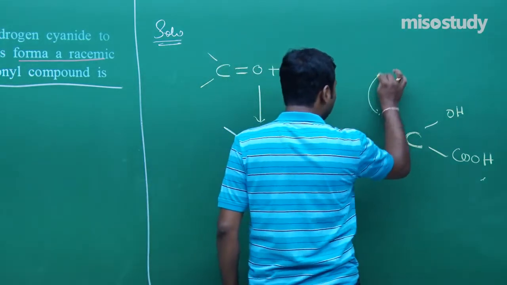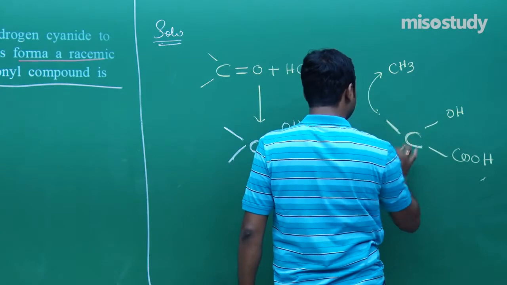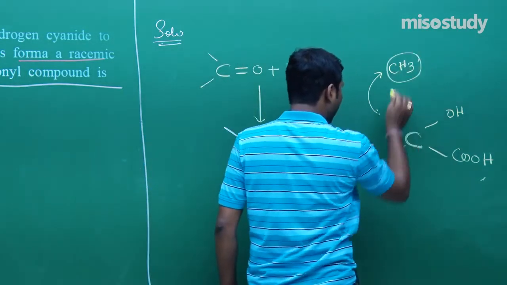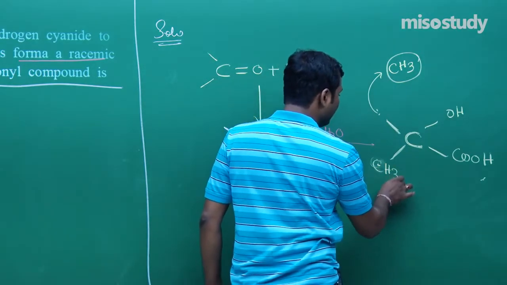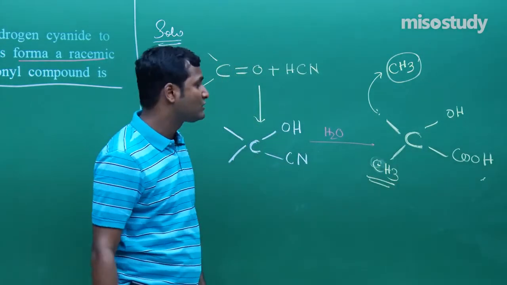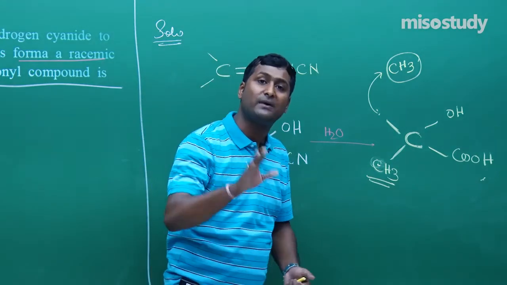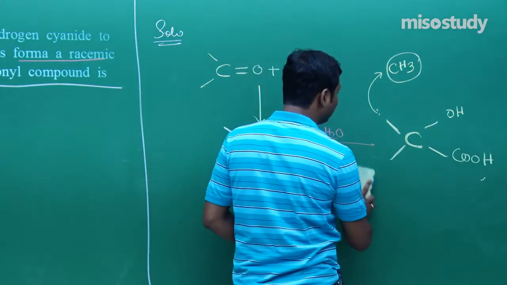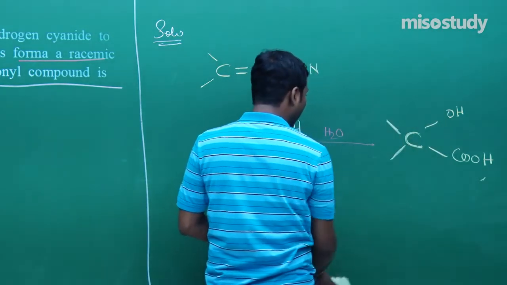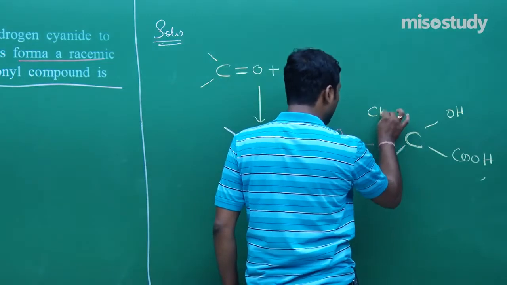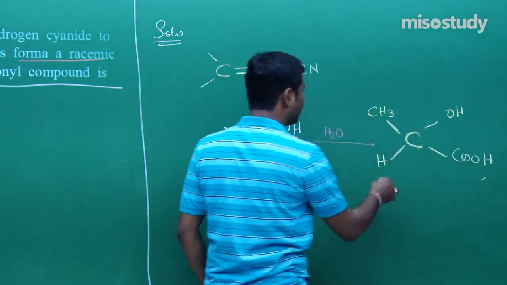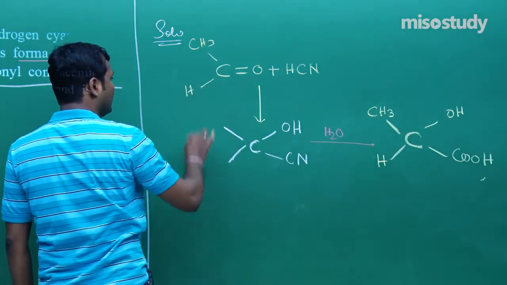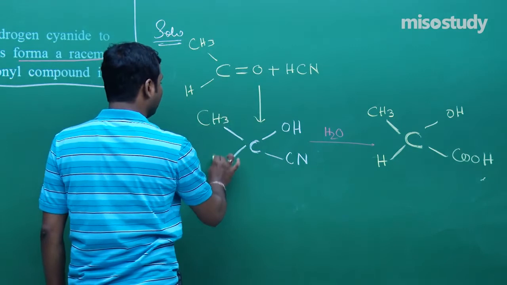If one is CH3, the second one is definitely H. If one is CH3 and other is CH3, then it will not form a racemic mixture because this one is not optically active. Now what will happen? If I take an asymmetric carbon with CH3 and H, check it out. CH3, now H. Clear? Now put here CH3, then H.